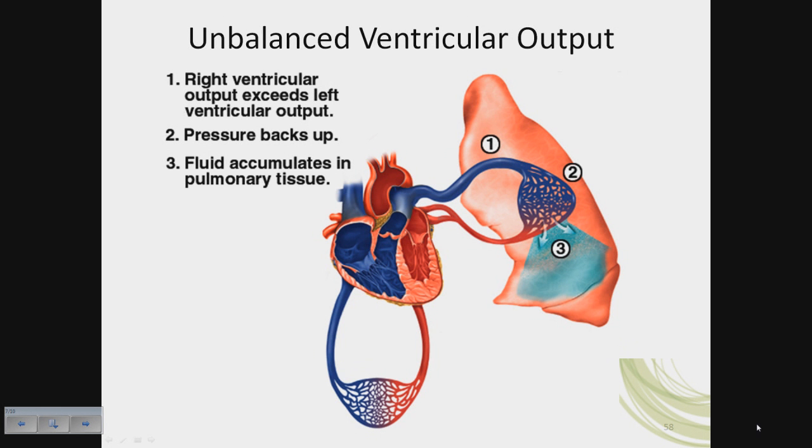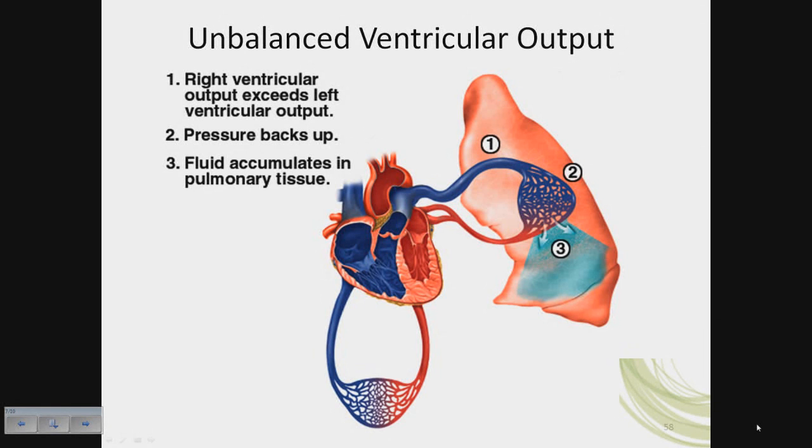If we go back and we think about Fick's law for the rate of diffusion, one of the things that influences how quickly something will diffuse, of course, is the distance in which it needs to diffuse. So if you're talking about fluid accumulating in the alveolar sacs, now oxygen has to diffuse through that fluid in addition to the traditional respiratory membranes, the simple squamous epithelium of the alveolar sac, the fused basal laminas, and the simple squamous endothelium of the pulmonary capillary bed.